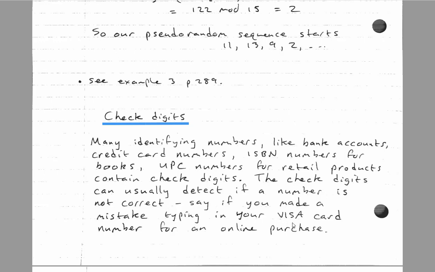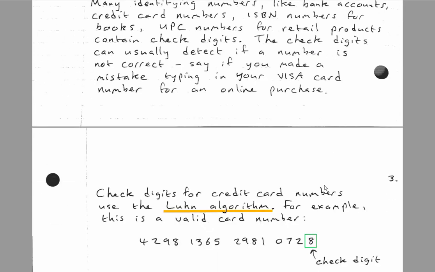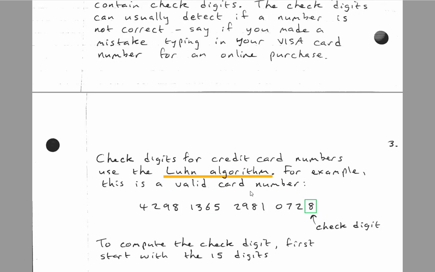Does it have a list of every credit card number? No, it's a simpler system. Every credit card has a check digit built in. So we can look at the actual system credit card numbers use. It's pretty simple, and it's a nice application of remainders.